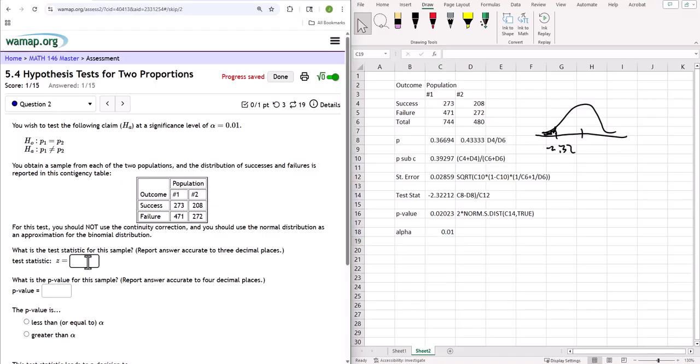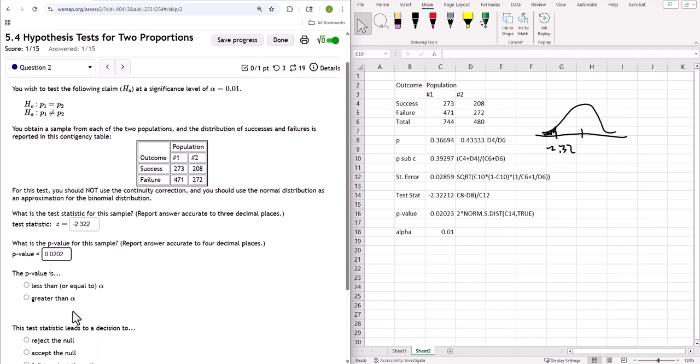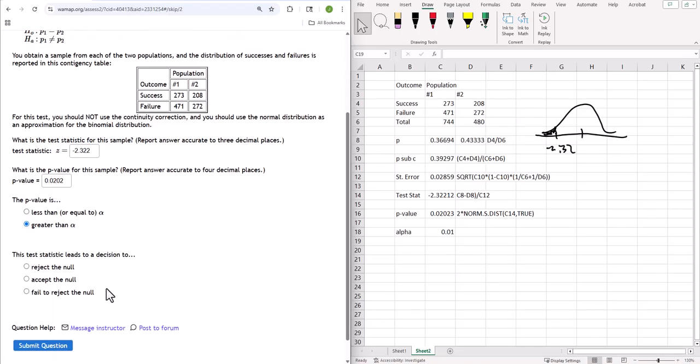So putting in the information here, my test statistic, negative 2.322, accurate to 3 decimal places, my p-value, 0.202, I missed a 0, get that in there. The p-value is greater than alpha, so now there's a bit of a trick thing here. The way that this works, we will either reject the null hypothesis or fail to reject the null hypothesis.